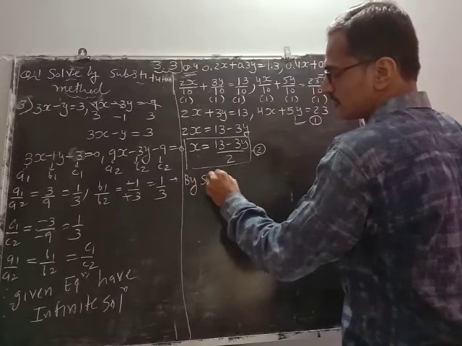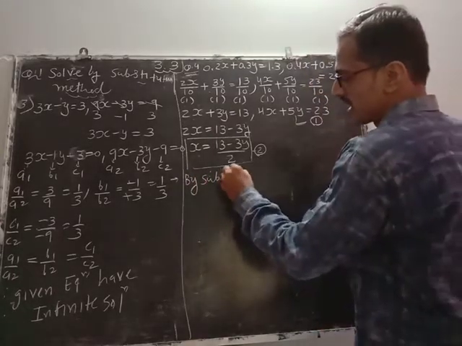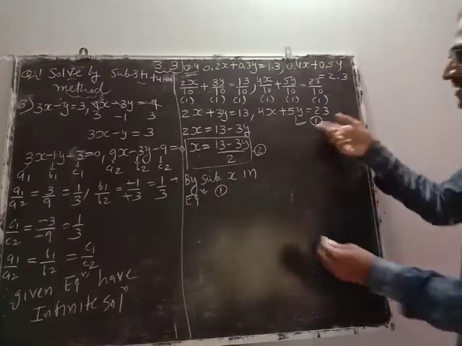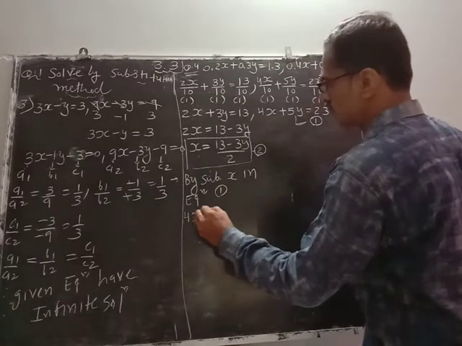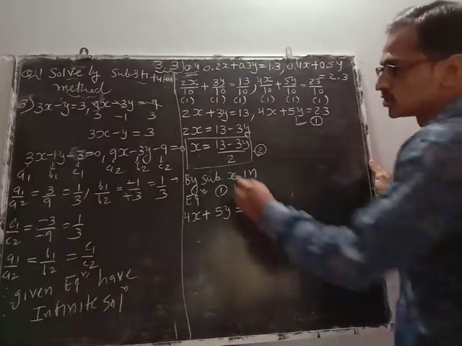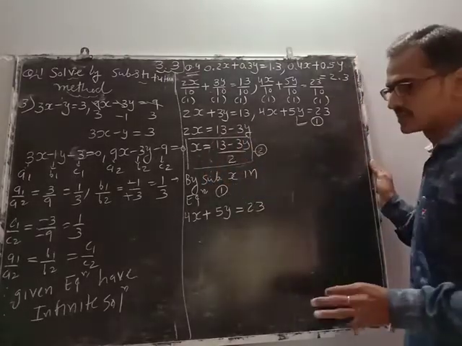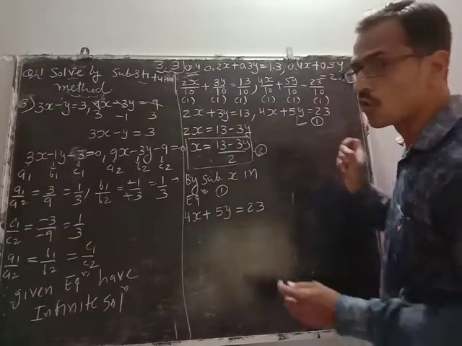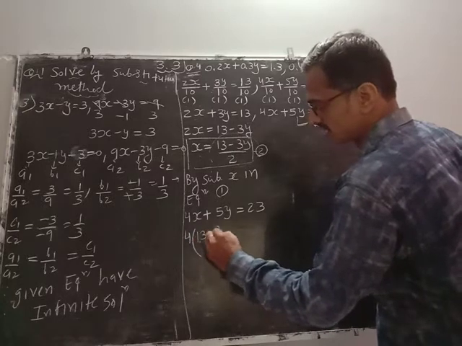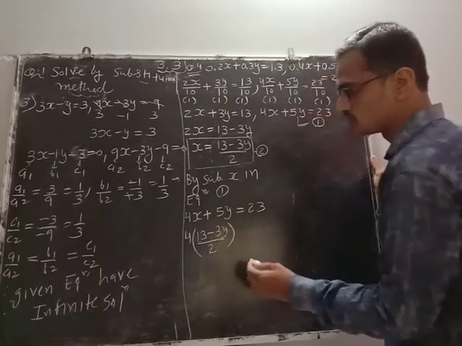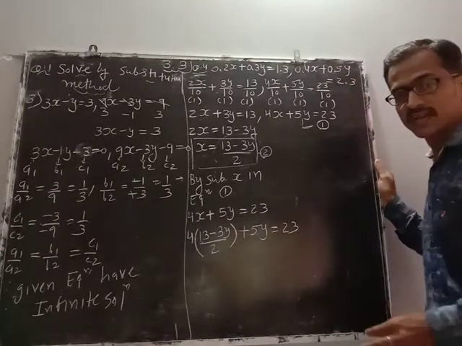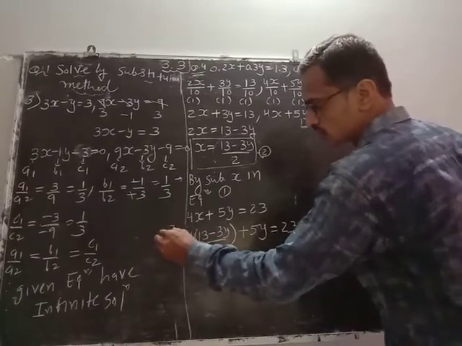So by substituting x in equation first, which is 4x plus 5y equals 23. What is the value of x? This whole thing is the value of x. So instead of x, we'll write this whole fraction. So 4 times 13 minus 3y divided by 2 plus 5y equals 23. 2 2s are 4.